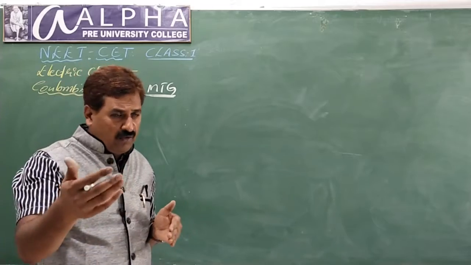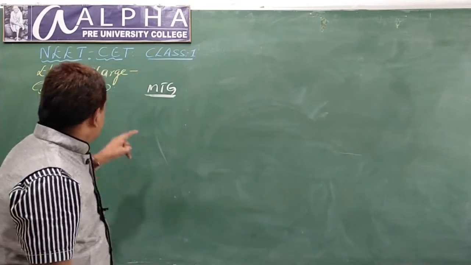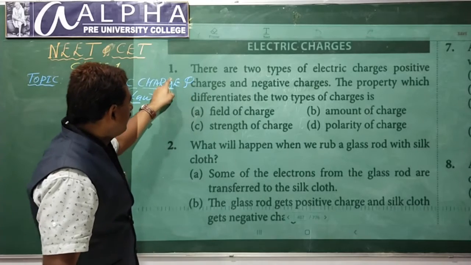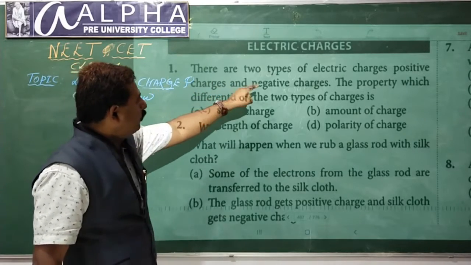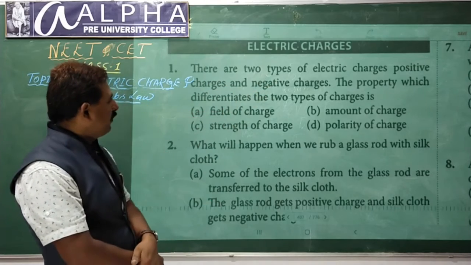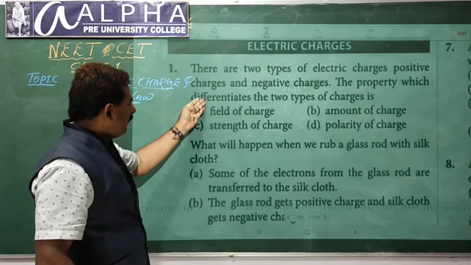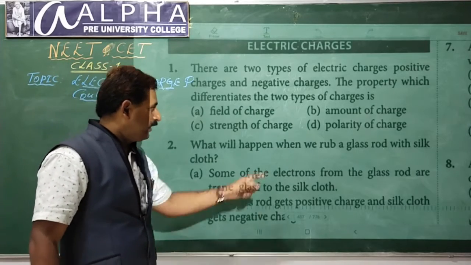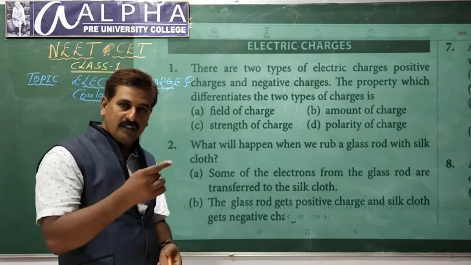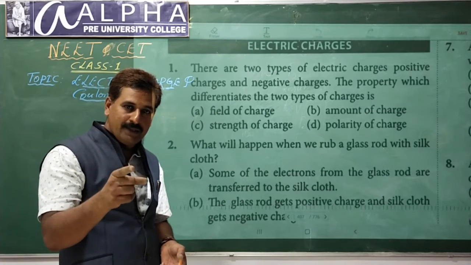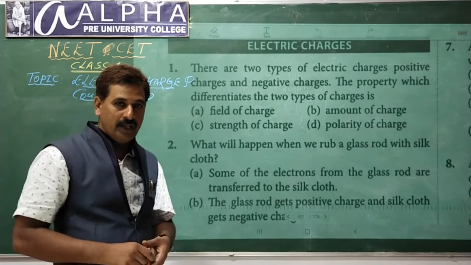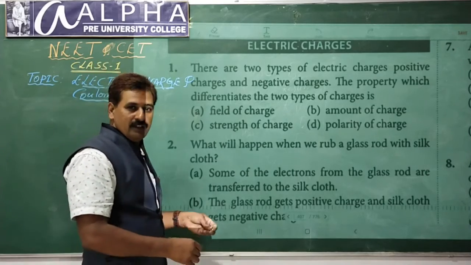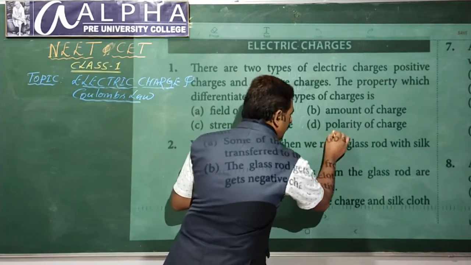Next we will go to our topic, that is electric charge. The first question: there are two types of electric charge, positive and negative. The property which differentiates the types of charges is, where did you learn this? You learned this idea in the second page of the NCERT textbook. In my study material, I have given it in the first page. Students, you know this very well, right?